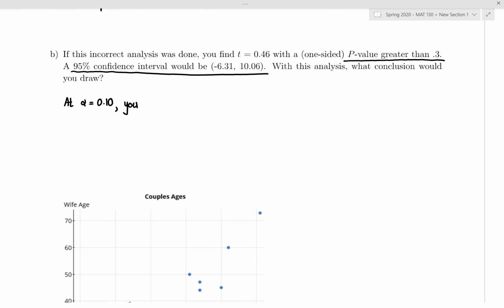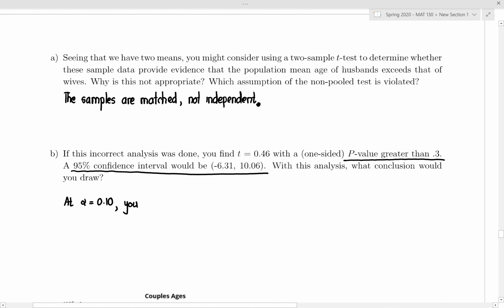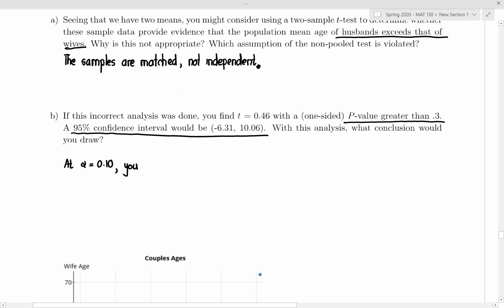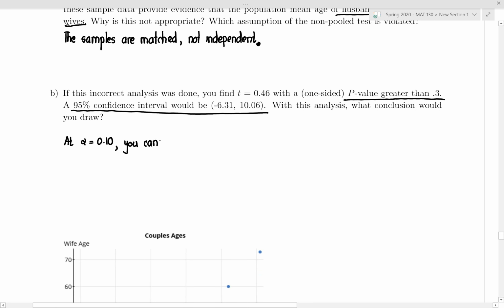Well, the alternative hypothesis in this case is that the husband's age exceeds that of the wife, and since p is bigger than alpha, we cannot reject H naught, which means we cannot conclude that the husband's age is larger than that of the wives.